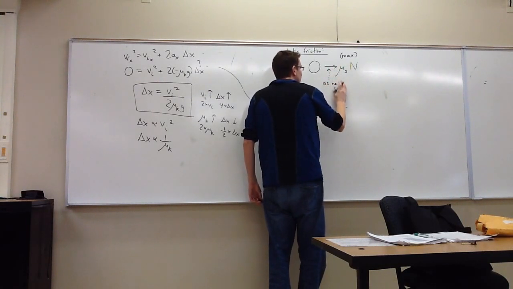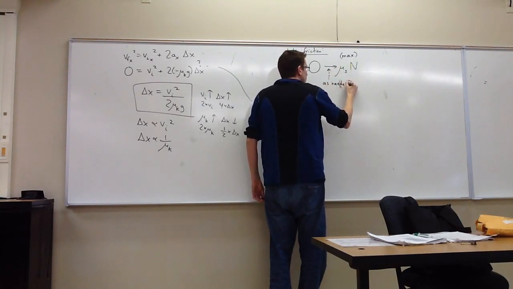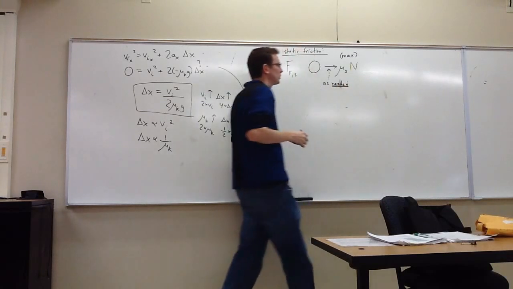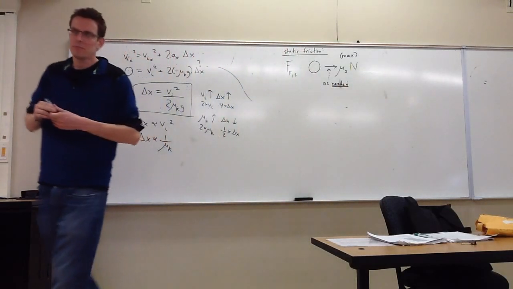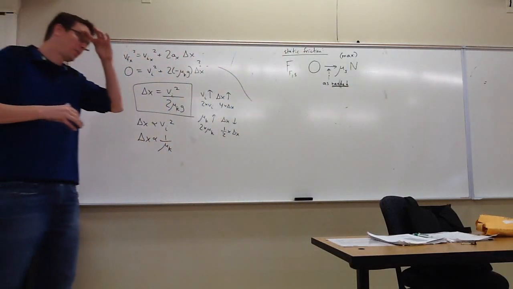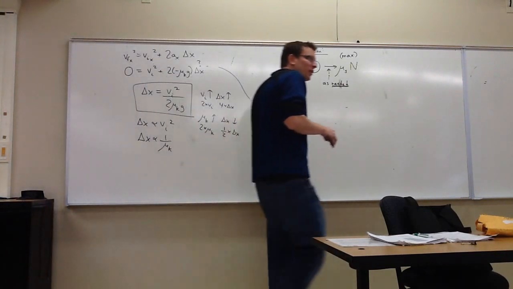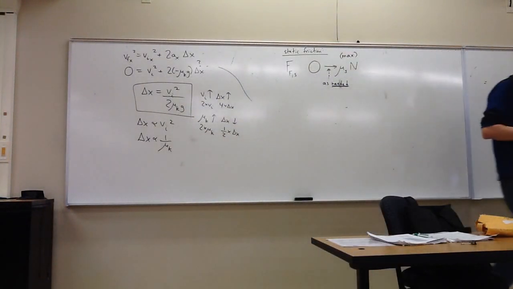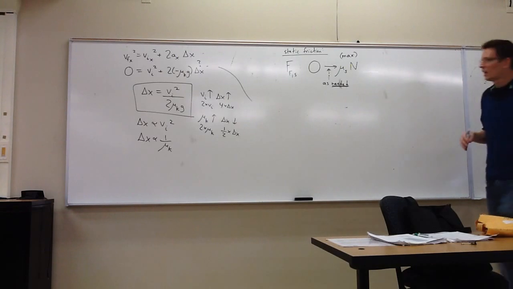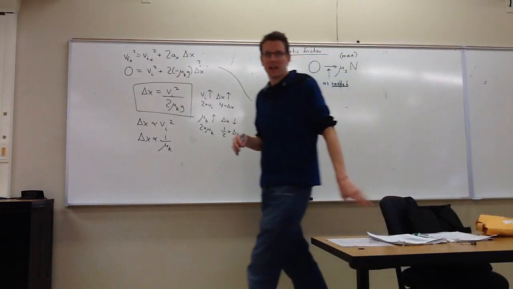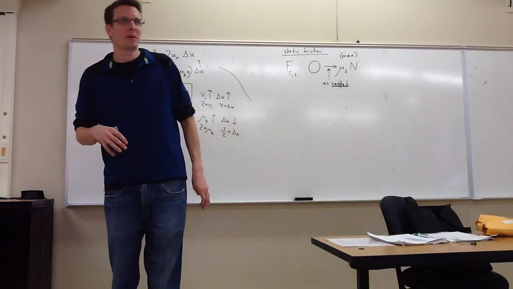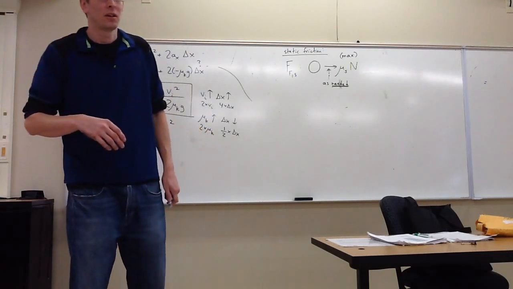As needed. Okay? And I'm going to explain that momentarily. But I should point out that this is not the first force that has been acting on an as-needed basis. It's actually the third one.